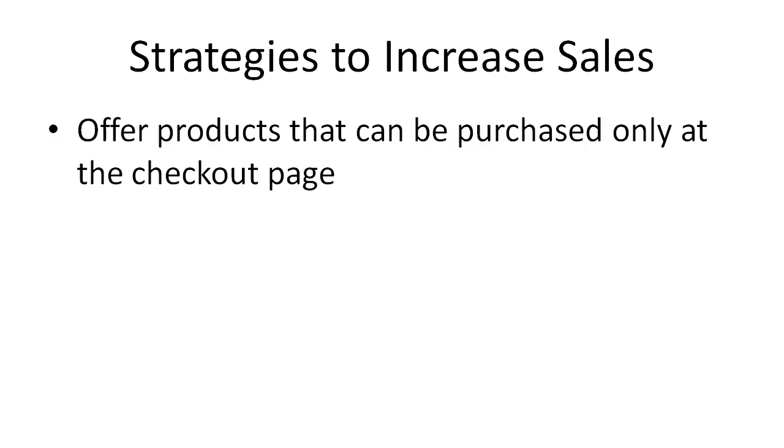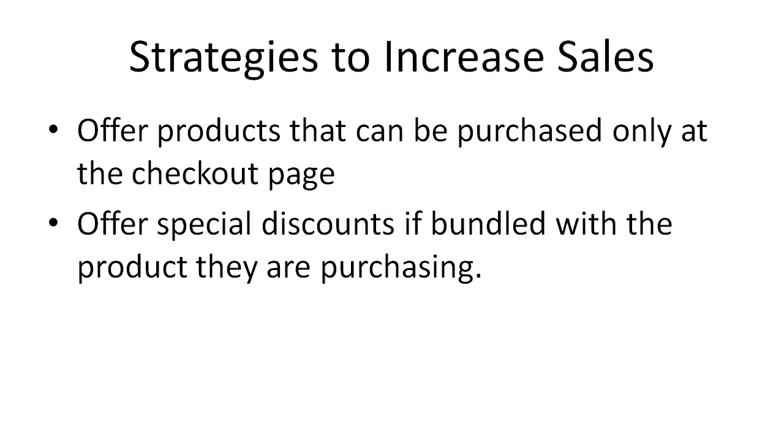So two different strategies: offer products that can only be purchased at the checkout page. So this is kind of making it exclusive. That exclusivity factor there really, really helps. You can also add scarcity as well by offering special discounts if bundled, if they purchase the product.